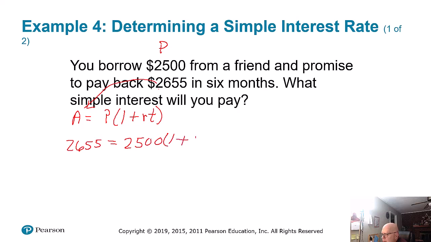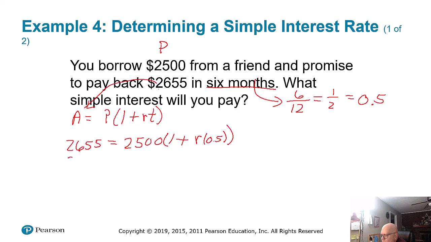We don't know the rate, so we'll just leave that as R. You can put it X if you want to. This is 6 months. Don't put a 6 in for the time. Remember, you have to change that to years. So it'd be 6/12 of a year, or 1/2 a year, or better yet for your calculator, 0.5. So you'll have $26.55 equals 2,500 times 1 plus R, because we don't know that yet, and that's times 0.5.